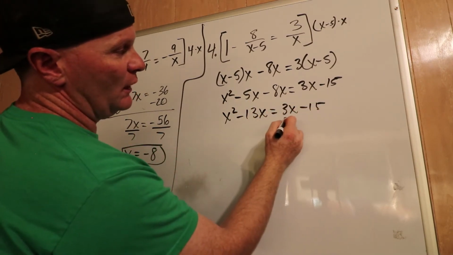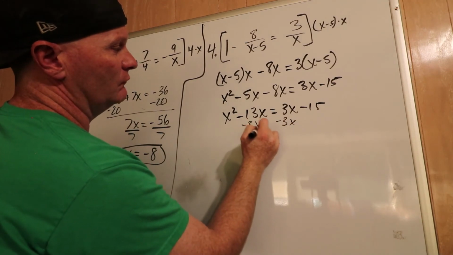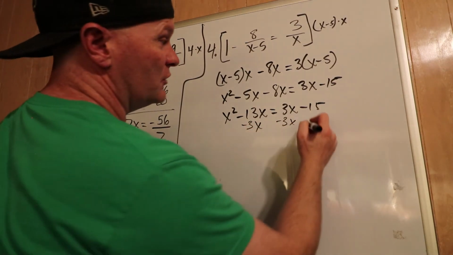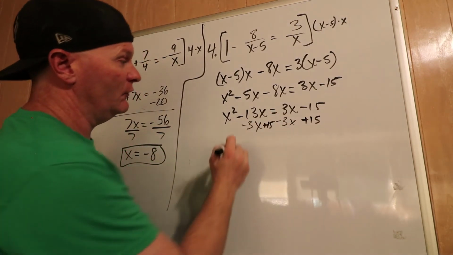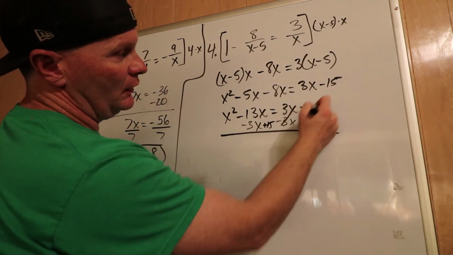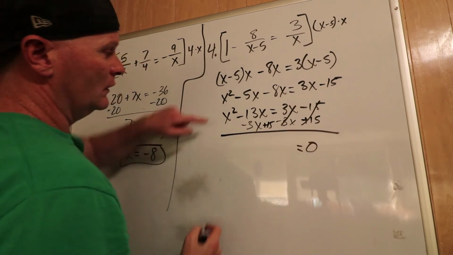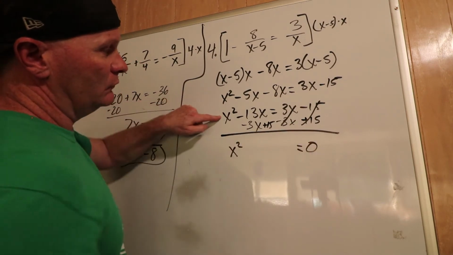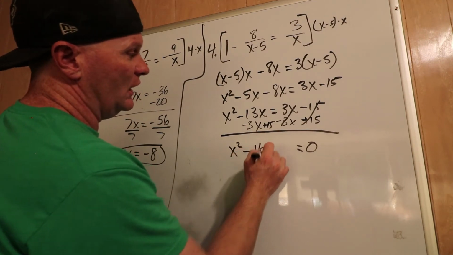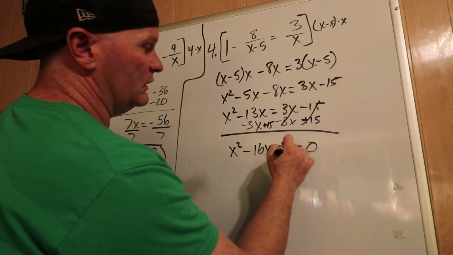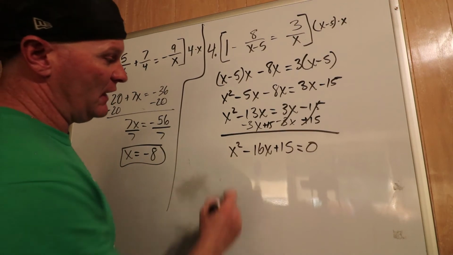And then I'm going to do minus 3x from each side. And I'm also going to do plus 15. I'm going to do them at the same time, so hopefully you're okay with that. Over here, we just have 0 left. I got x squared. Negative 13x minus 3x is negative 16x. And then plus 15. And then we got to try and factor this.